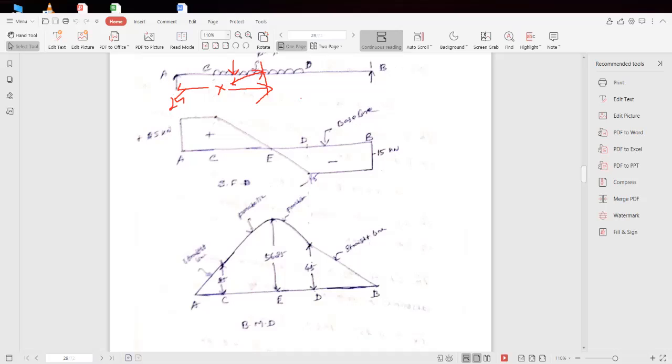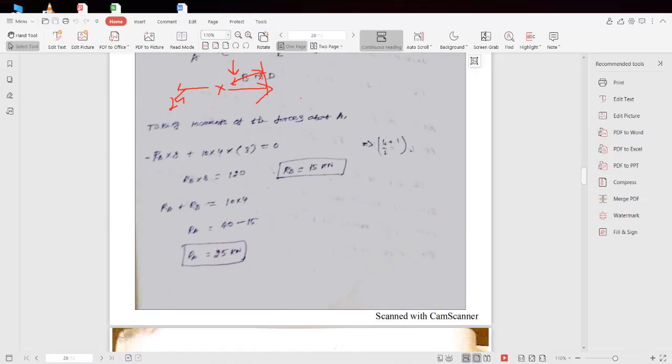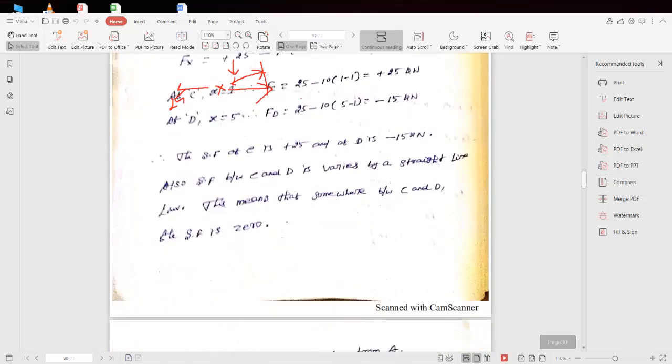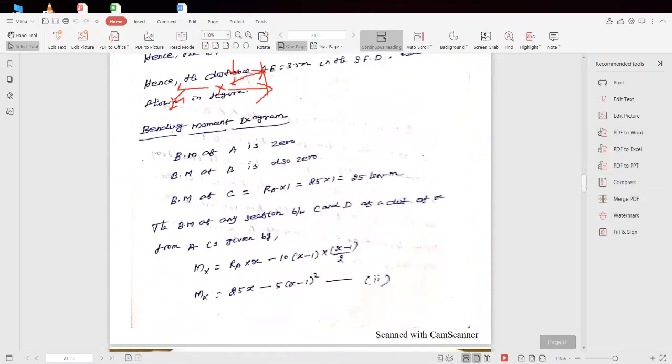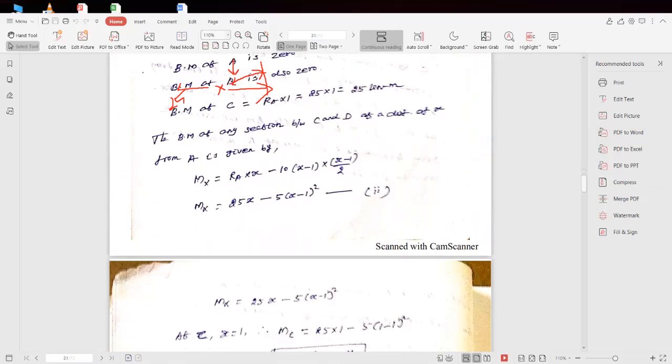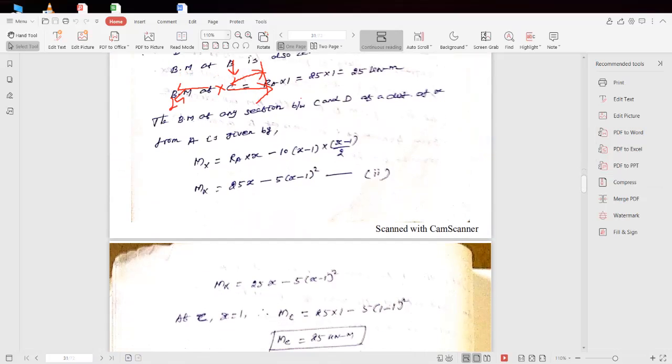So here you can see the bending moment value between C and D: RA into x minus 10 into (x minus 1) into (x minus 1) by 2. Therefore, RA is 25. So 25 into x minus 5 into (x minus 1) the whole square.